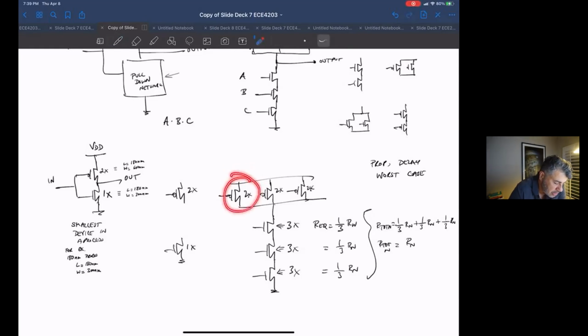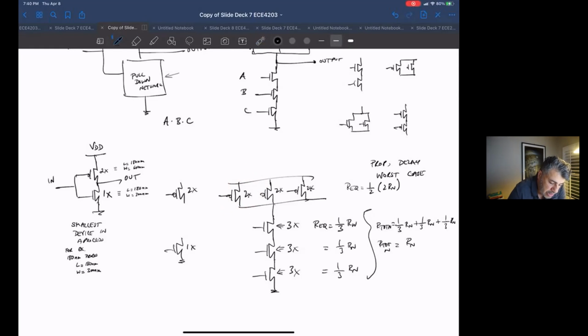When one device is on, the equivalent resistance is 2 times R sub n.